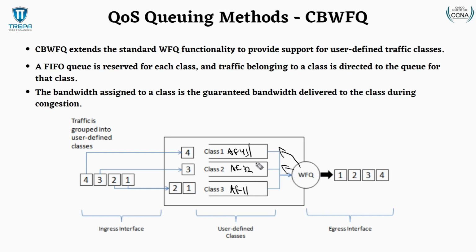This is second highest, so we're going to take a little less. This is third highest, so we're going to take the least amount from these queues. But it doesn't actually empty anything out, right? And this is different than weighted fair queuing because instead of the queuing method just doing this on its own, it goes off the classes we define.